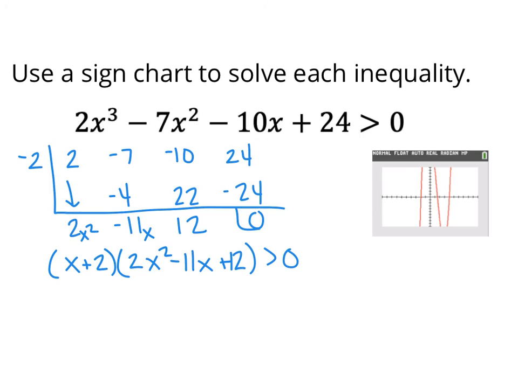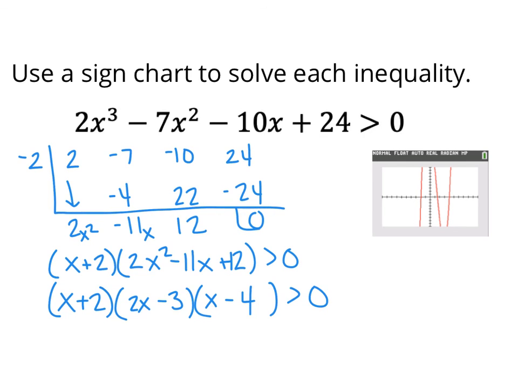And I'm looking where this is greater than 0, and I'm going to see if I can potentially factor this trinomial further. I'm going to go with 2x and x, factors of 12. I'm going to try 3 and 4. The outer term would be -8x, inner would be -3x, adds to -11x, and then the product of my last, -3 times -4, is positive 12.